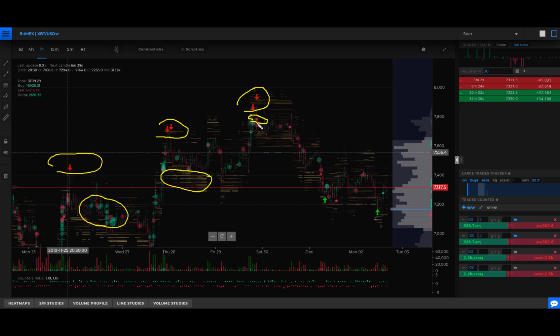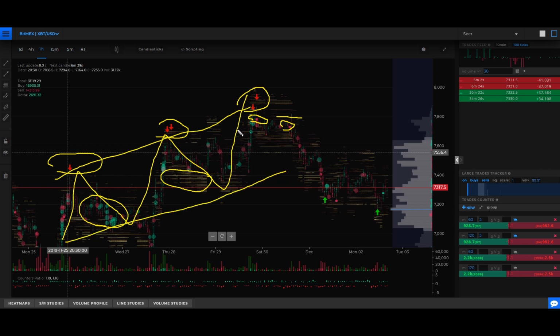You have a volume imbalance and another volume imbalance, another stop run, and basically this is also a 3 drives pattern, so essentially you have confluence again, and this point basically built the top of our range. This was actually the level which was the top of our range.